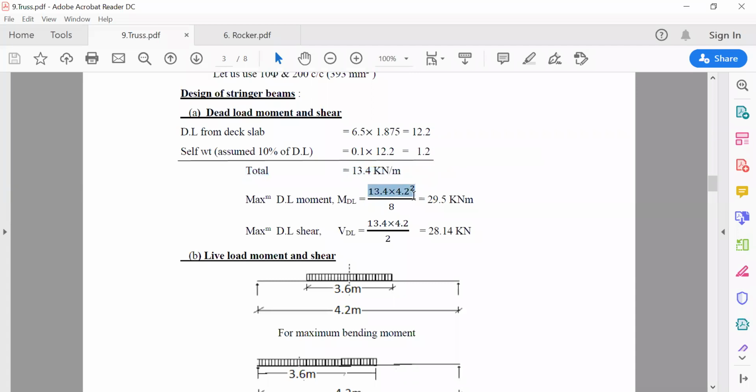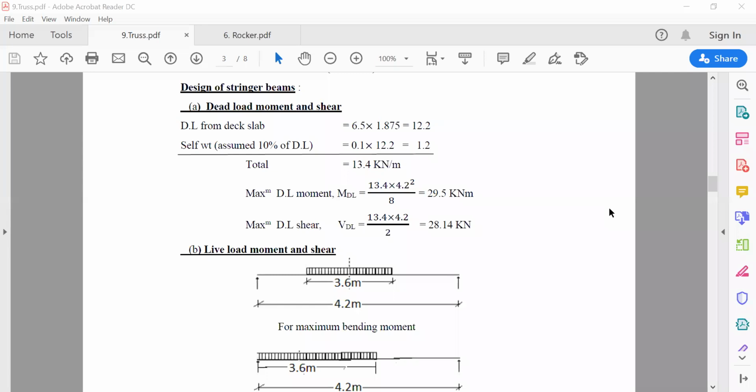Then with the WL square by 8 and WL by 2 formulas, you get the bending moment and shear force. Please type Y if you have understood this part till now. Okay, all right, I can proceed.